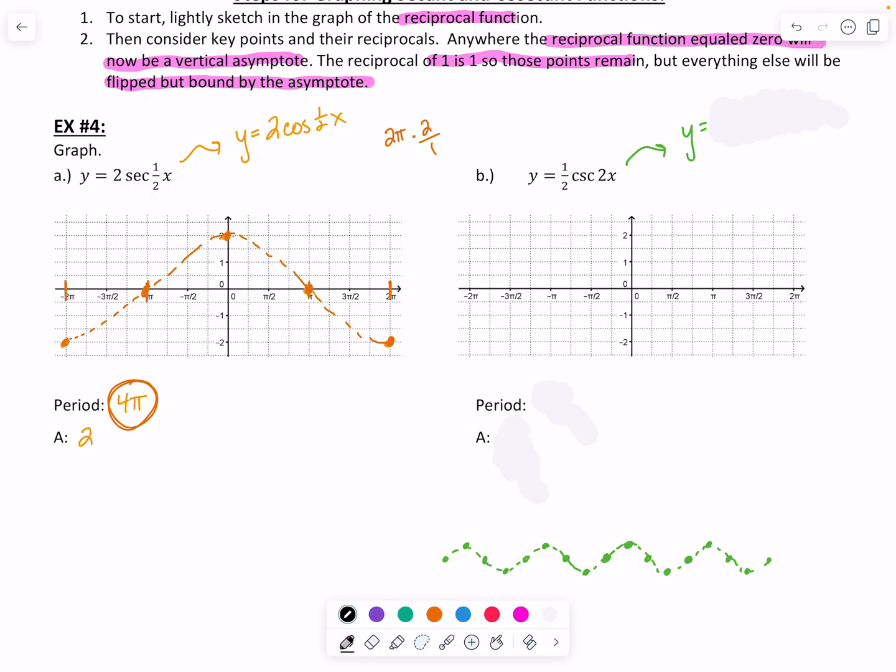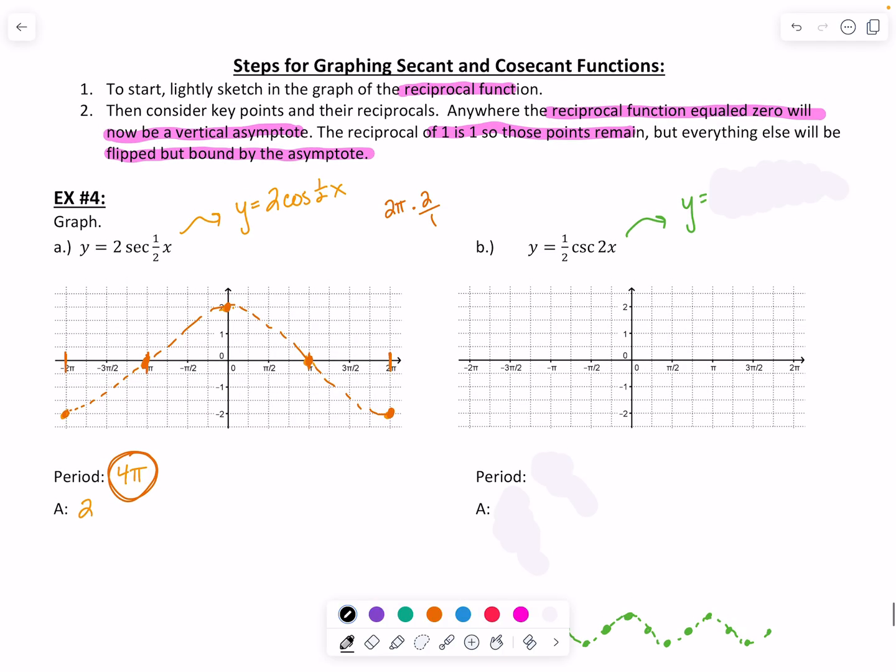But now I need to consider all the reciprocals. So wherever my cosine graph equals 0, so pi and negative pi, the reciprocal of 0 is really going to be undefined. What that means now in my graph is that at those places, I'm going to have vertical asymptotes, okay? So then I'm going to continue graphing my secant graph, the reciprocal of 2.